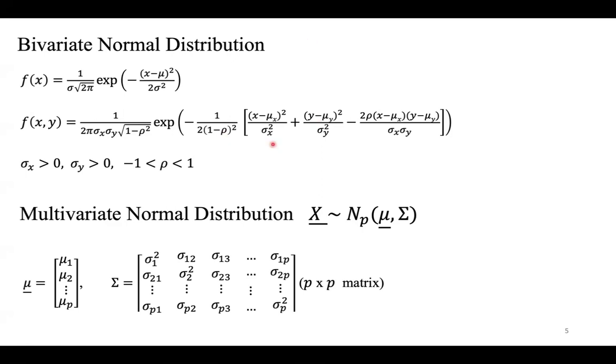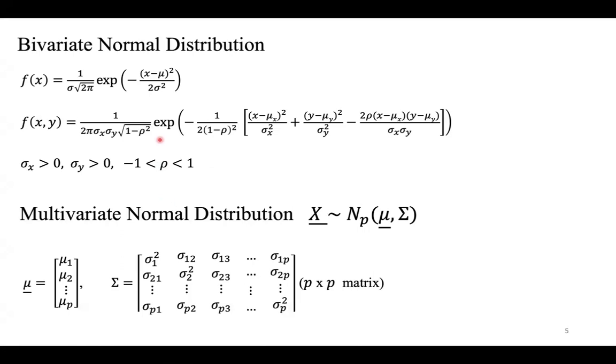In this case also, the respective subtractions correspond to the means of both random variables x and y. Likewise, you have the standard deviations of both x and y, given by sigma x and sigma y. Additionally, there's one more parameter, which is rho. If you remember from the discussion a couple of weeks ago, this is Pearson's correlation coefficient. All right.